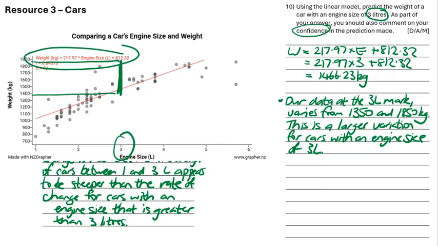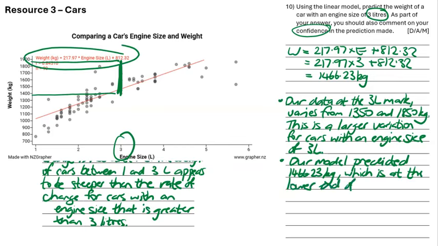So that's another thing that I want to mention. I've talked about the data at that point. I'm now talking about how my model fits in that range. Our model predicted 1,466.23 kilos, which is at the lower end of the weight of cars with an engine of 3 liters.